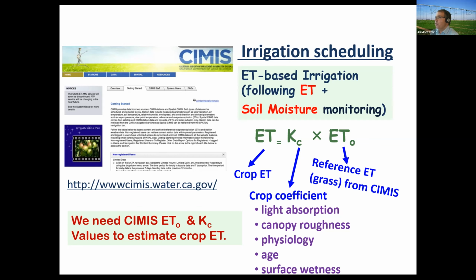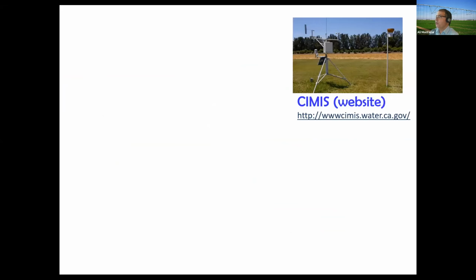It depends on light absorption, irrigation system, the age of trees or growth period, soil type, and irrigation practice. So all those drivers affect crop coefficient values. And it is very important to always go with a more proper and accurate crop coefficient for irrigation scheduling.